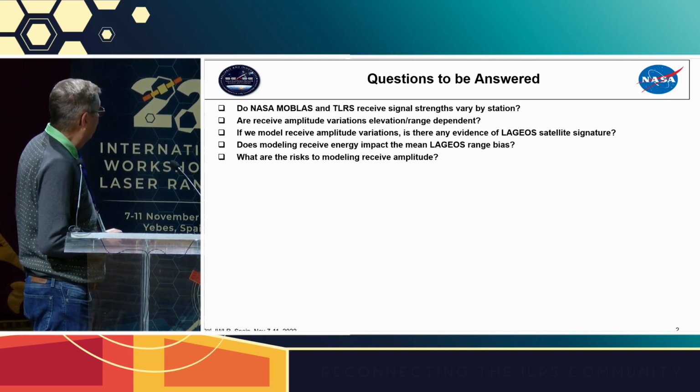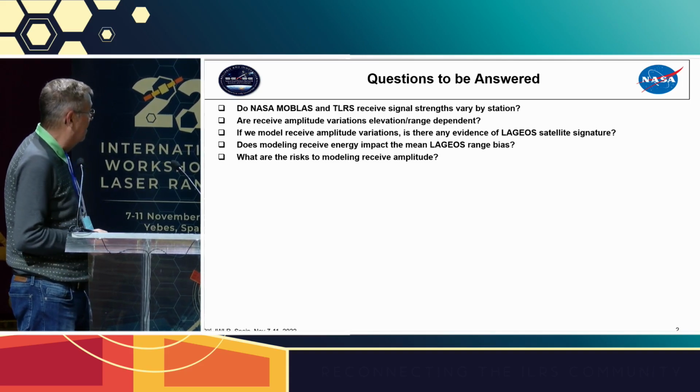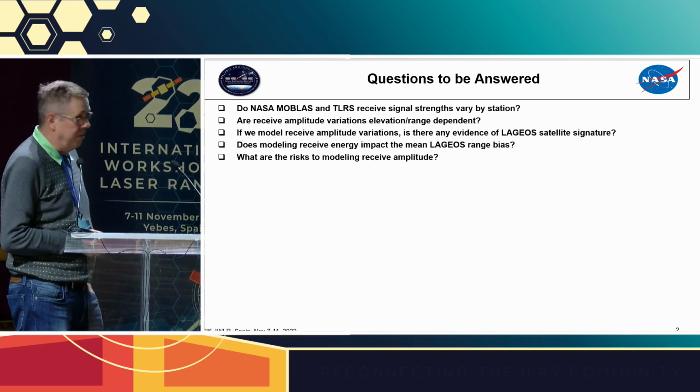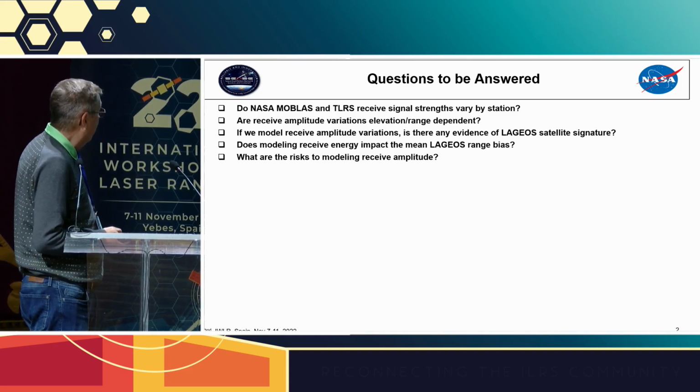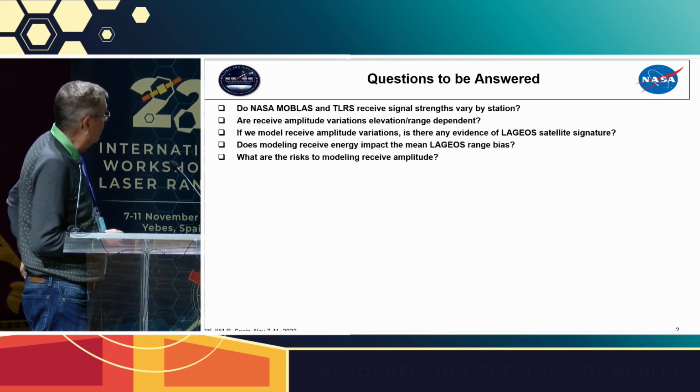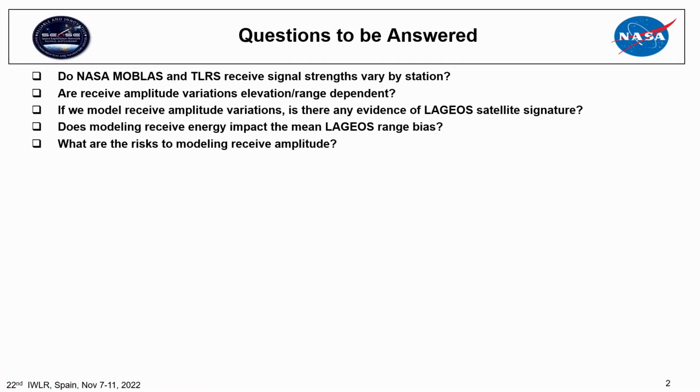Third: if we model receive amplitude variations, is there any evidence of LAGEOS satellite signatures in our systems? Fourth: does modeling receive energy impact the mean LAGEOS range bias? And the last question: what are the risks to modeling receive amplitude in the NASA SLR network?